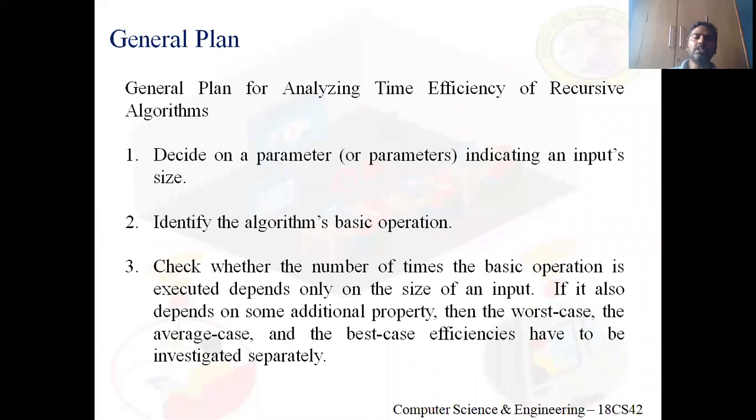Suppose the execution of the basic operation depends on some other parameters or properties too, then there may be a case where we need to determine the best case, average case, and worst case. Got it? So you remember, right? These first three steps are the same as the first three steps of mathematical analysis of non-recursive algorithms.